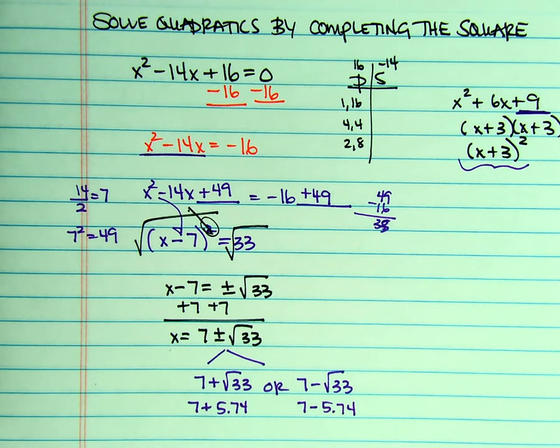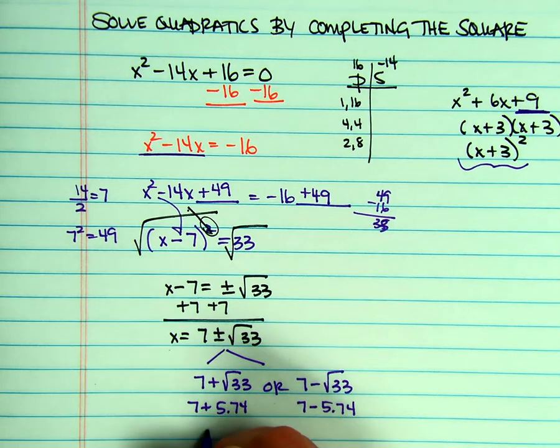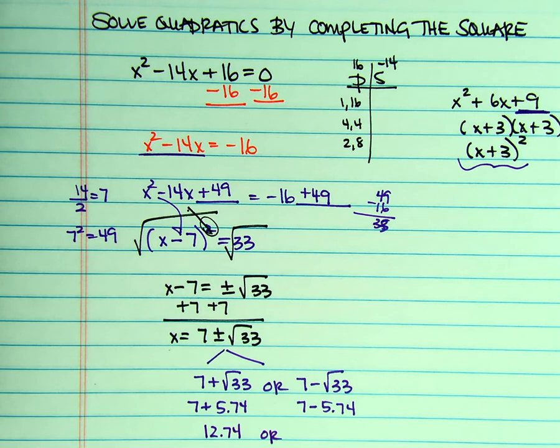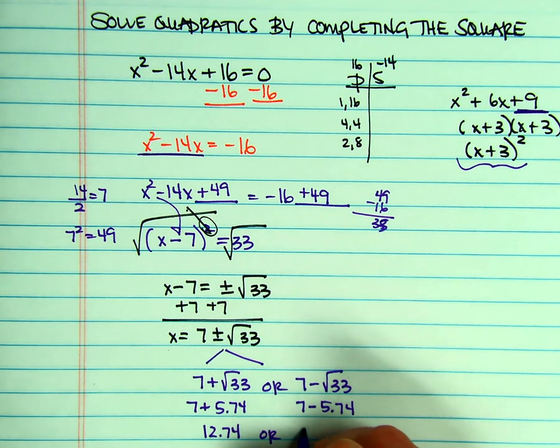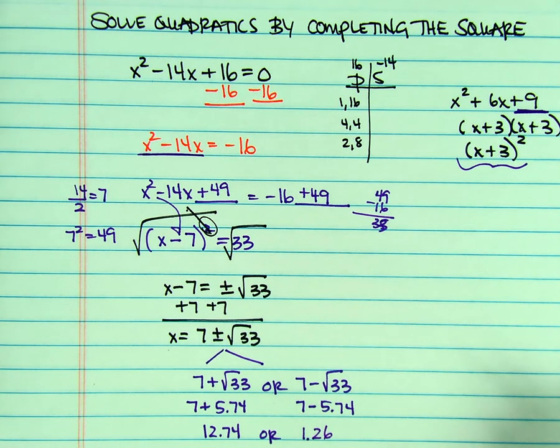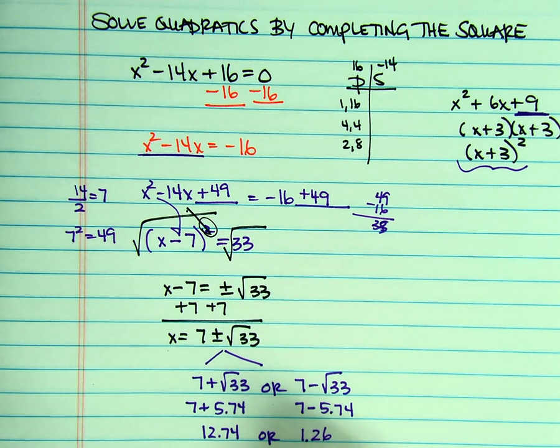And you would end up with 12.74, or 1.26. Now, these are rounded, so we would say that x is approximately equal to 12.74, or x is approximately equal to 1.26.